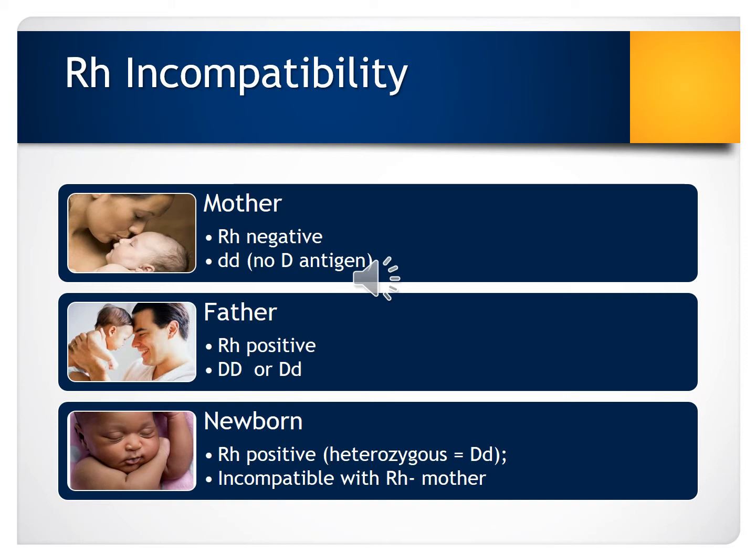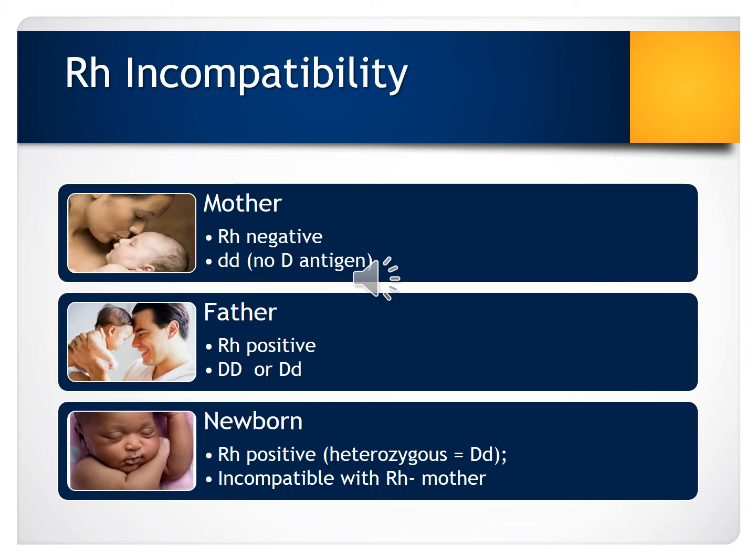So when we're thinking about genetics and we're thinking about the Punnett square, which I'll give you some demonstrations in the next couple of slides, Rh negative is homozygous, right? And as you can see on my visual here, you need to have two lowercase d's. So that mother is Rh negative.